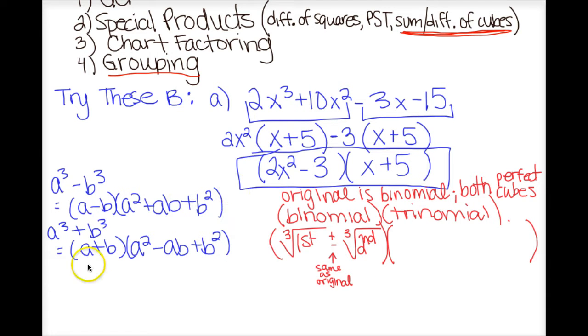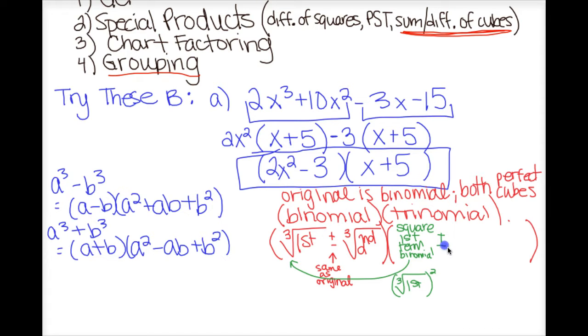What you do for the second part is that you square the cube root of the first. I don't care whether you write it out in words, square first term of the binomial, and know that it means this one, or if it makes more sense to you to actually write cube root of the first squared, they're the same thing, so I don't care.